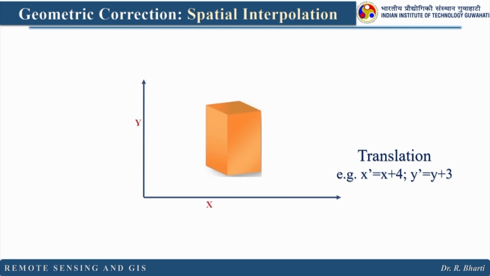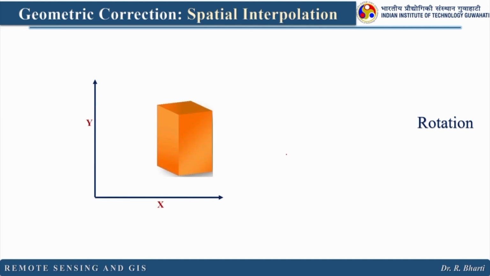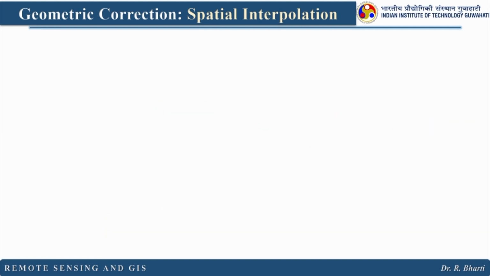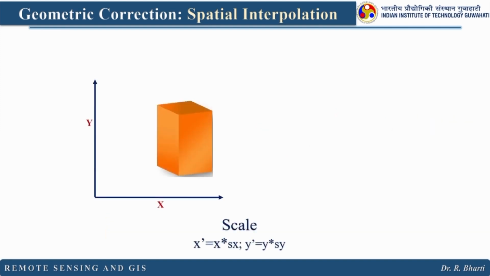So, in translation basically this was supposed to be like this, but it has shifted, right. Now, in case of rotation, what will happen? It will rotate with some angle, right. In case of scale, there will be change in the size.